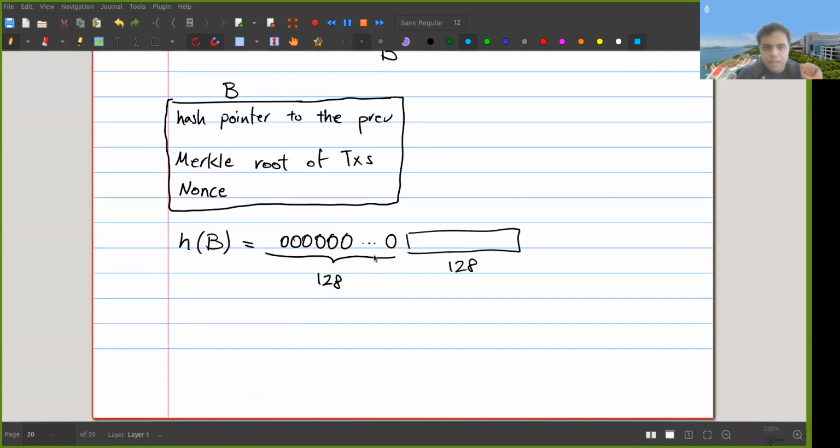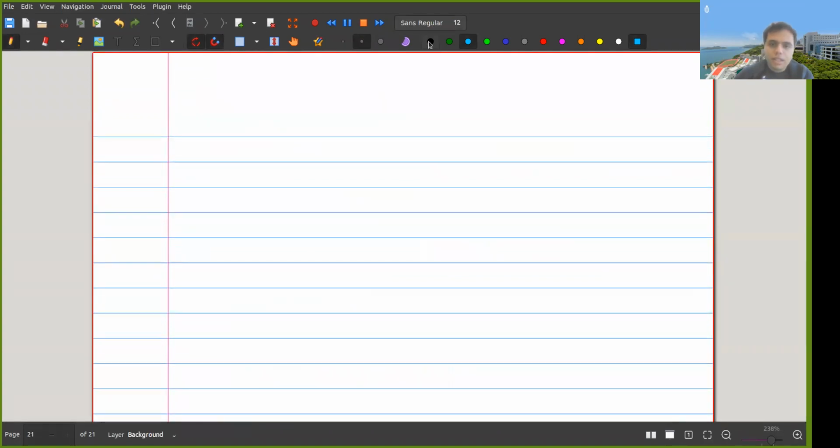Okay. So in this case, Bitcoin has a very nice rule. The rule of Bitcoin is this. It says that the longest chain is the consensus chain.